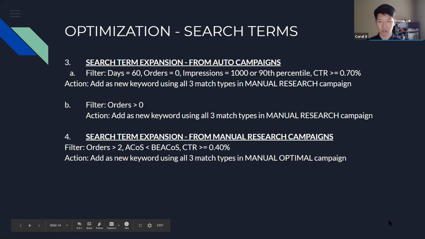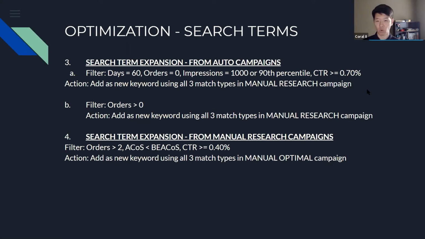Here are some additional steps that we want to take. If we find search terms that are favorable in the automatic campaigns, where we're looking at the last 60 days, there may be 0 orders, but they're getting a healthy amount of impressions and their click-through rate is greater than or equal to 0.7%, what we want to do is take those search terms from the automatic campaigns and try adding them using all 3 match types in the manual research campaign.